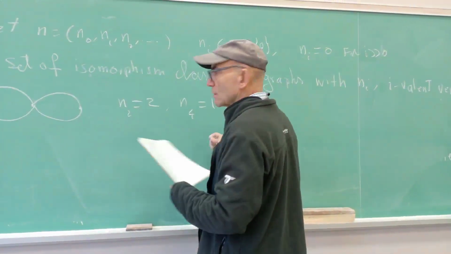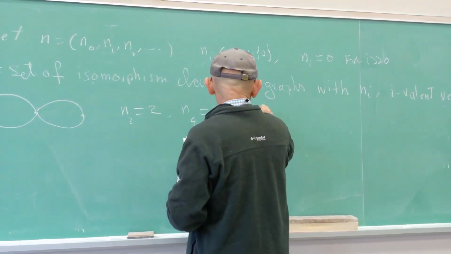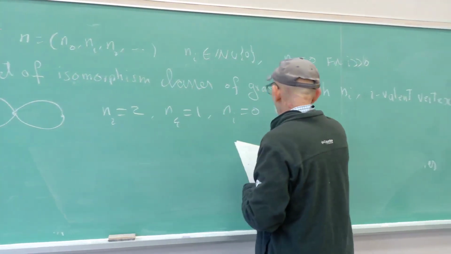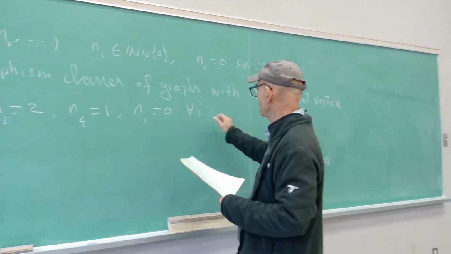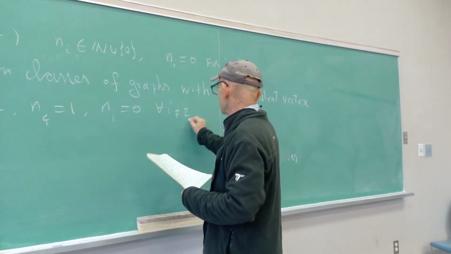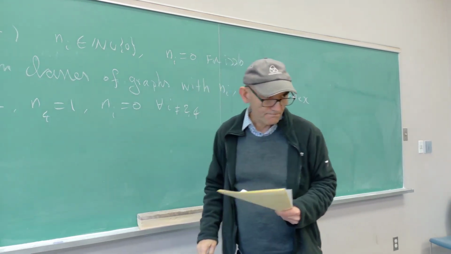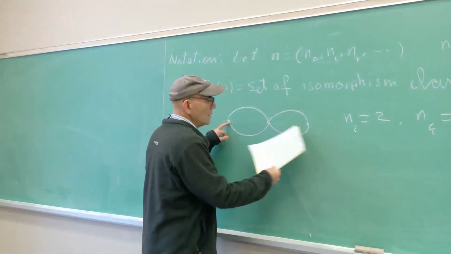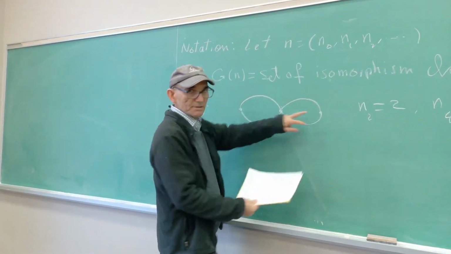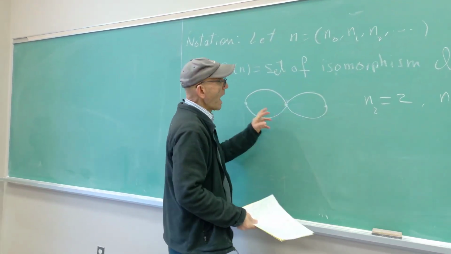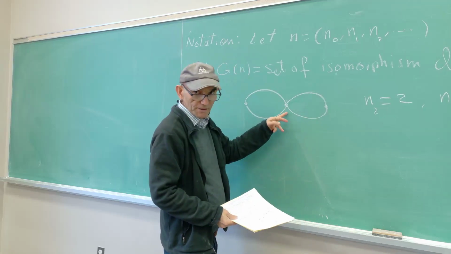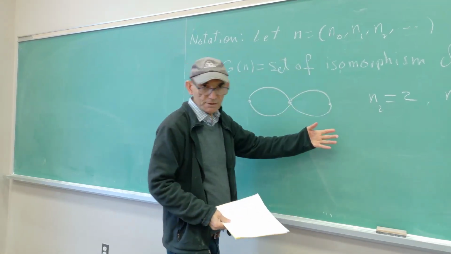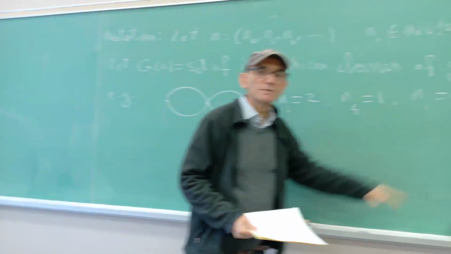And then n_i equal to 0 for all i different from 2 and 4. So we have two two-valent vertices, and we have one four-valent vertex, and we don't have any other vertex. So this gives us this sequence.